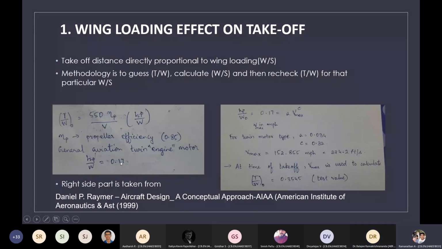This is just an estimate to start the process. The related T by W that we got as a test value is 0.3545.